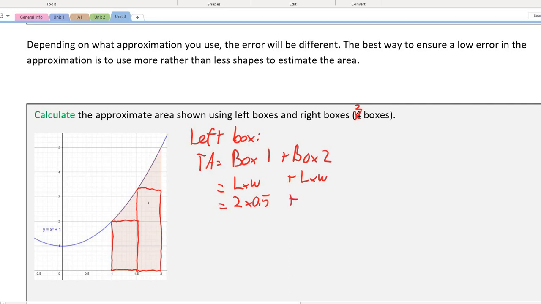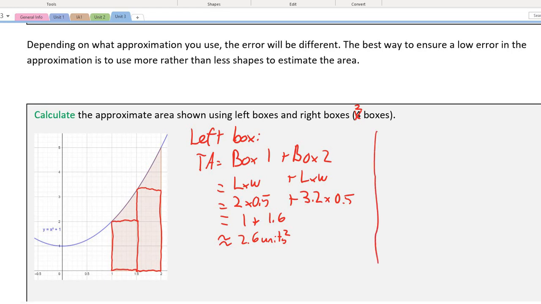And my second box is about 3.2 and it's 0.5 across as well. So that gives us 1 plus 1.6. So my total area is around about 2.6 units squared. We don't have units, so we're just going to say units squared, because I don't know if it's meters, centimeters, whatever.